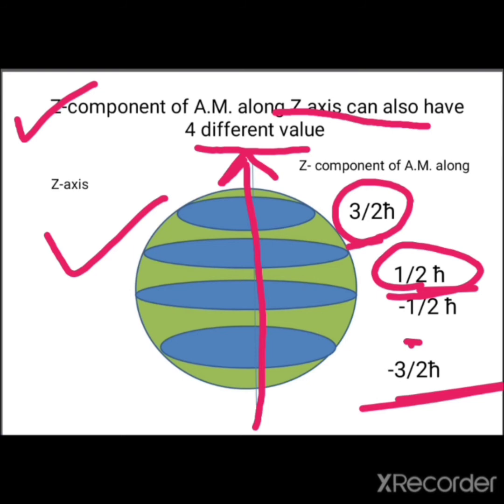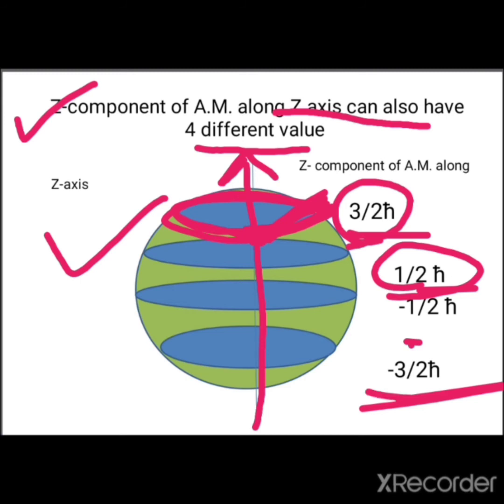Here you can see that in the case of 3 by 2 h cross, the nucleus is basically precessing around a particular conical section like this, along the given z direction.